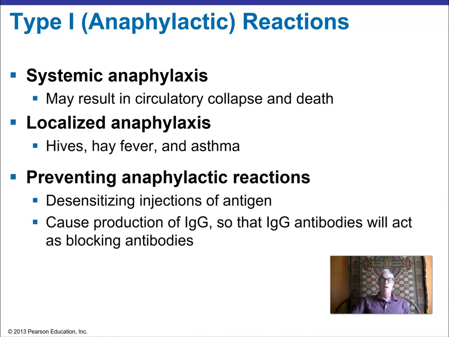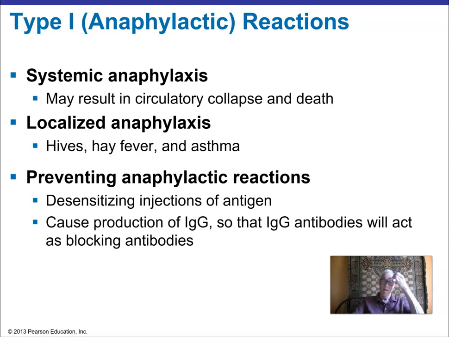Preventing anaphylactic reactions. Well, one thing you can do, a modern approach, is to try desensitizing people to certain antigens by giving them tiny amounts by injection and then slowly incrementing the amount given over a series of injections. And eventually, amazingly, it will reduce their hypersensitivity to the antigen. So that's a very promising approach.